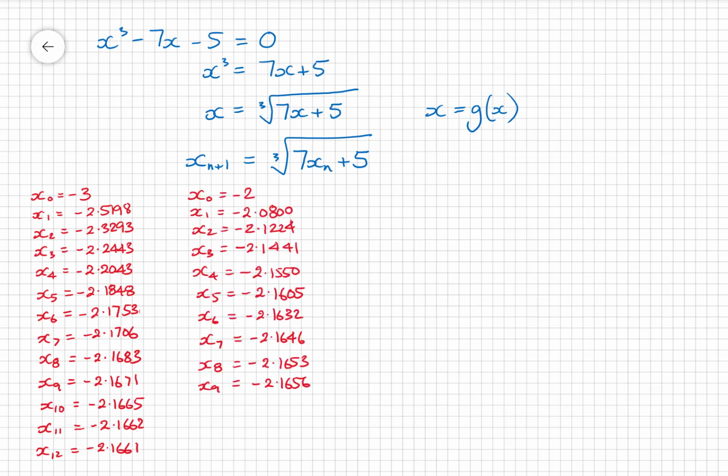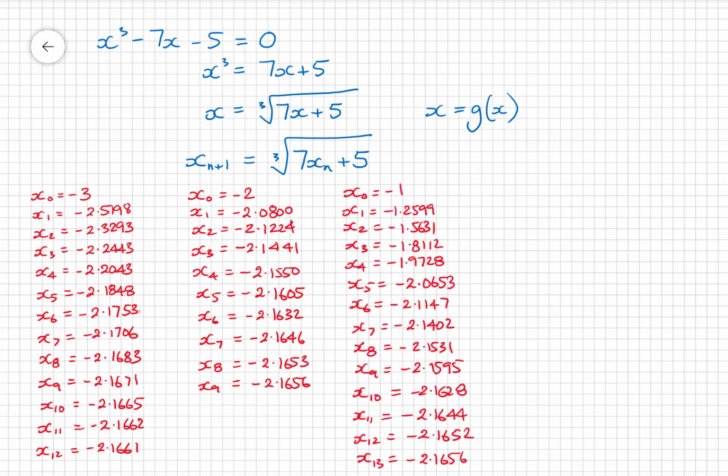If we put in a starting value of minus 2, we get a slightly faster but still the same convergence on that root, that solution x is equal to minus 2.166. Again, if we begin with x is equal to minus 1, we converge to that same solution, x is equal to minus 2.166. So all of these starting values converge on the solution x is equal to minus 2.166.